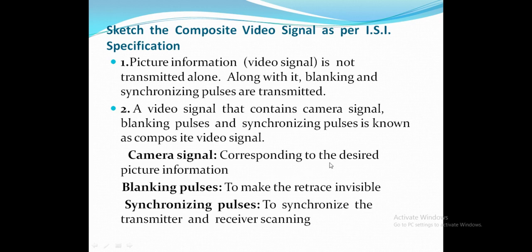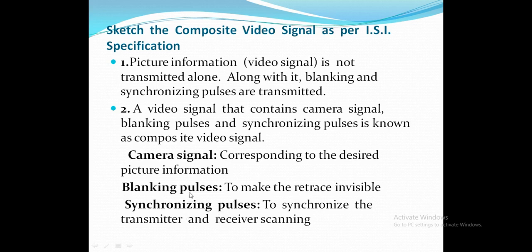Actually, the picture information, that means the video signal, is not transmitted alone. Along with it, blanking and synchronizing pulses are transmitted. The blanking pulse is used to make the retrace invisible. The synchronizing pulses are used to synchronize the transmitter and receiver scanning.